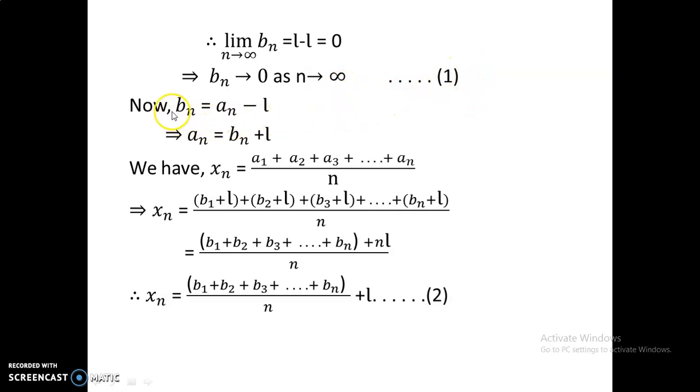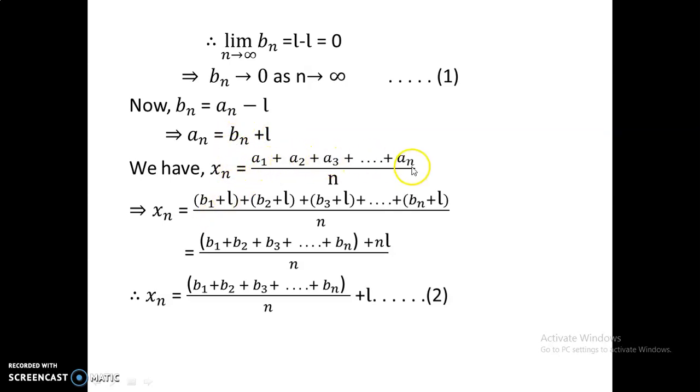Now, since b_n = a_n - L, a_n should be b_n + L. We have x_n as given, a1 + a2 + a3 + ... + an, divided by n. Each term a1, a2, and so on up to an can be expressed in terms of b_n + L, so we plug in each term.